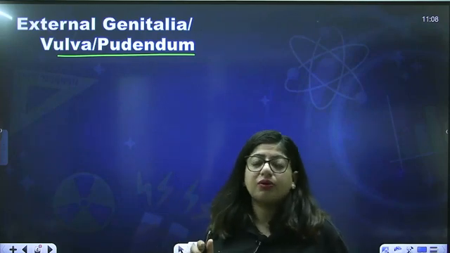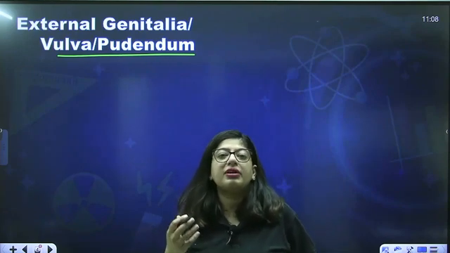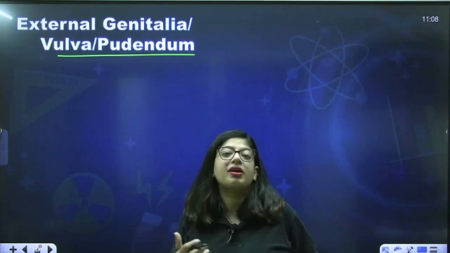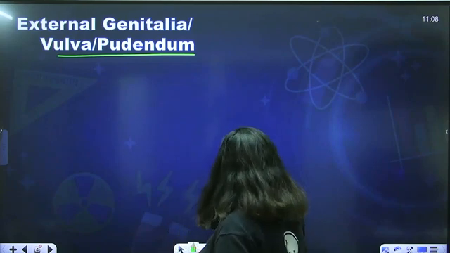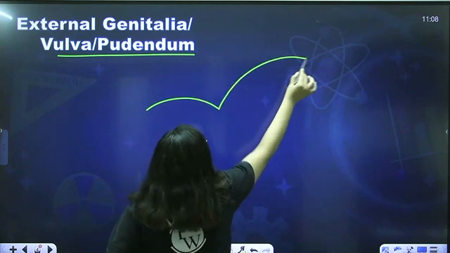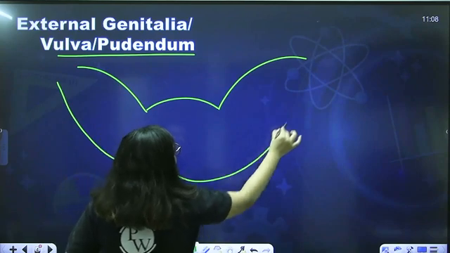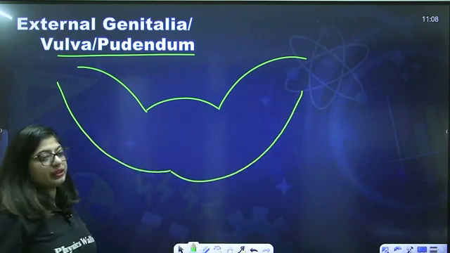So, just like males have penis as an external genital, females have vulva. Now, where is this vulva present? So, vulva is present in between the legs. So, for example, these are the legs of a female, like this. So, this is present right here in between the legs.